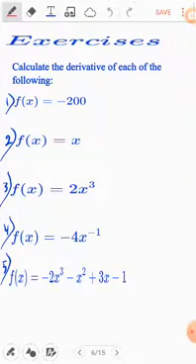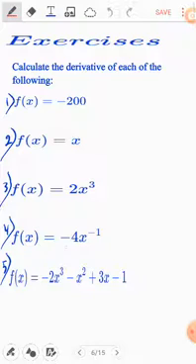Exercises. Calculate the derivative of each of the following functions. These are the functions. The first one is the constant, minus 200. The second one is x, the formula. The third one, f of x equals minus 4x cubed. It is of the form k times g of x, and g is of the form x power n.